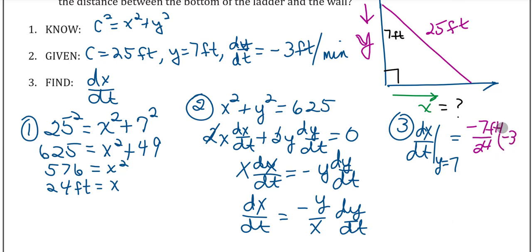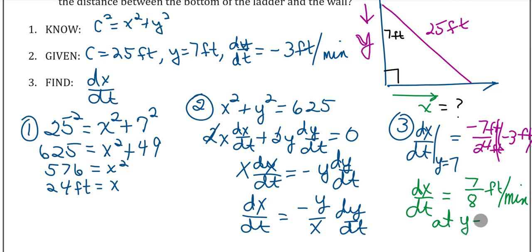So remember, put feet, and this is going to be feet per minute. And of course, these feet will cancel and I'll be left with feet per minute, which is what I want. So dx/dt is going to equal 7/8 is what this comes out to be, feet per minute, and you can leave it that way, at y equals 7 feet, and that's going to be our answer.